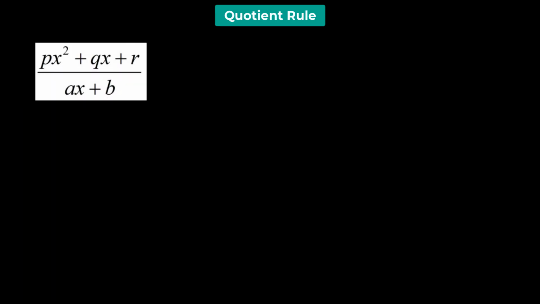So here we have the function px squared plus qx plus r over ax plus b. So we need to find its derivative with respect to x.